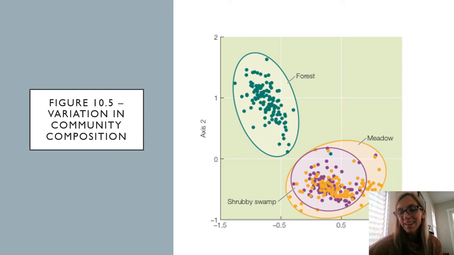What's really interesting here is that in the shrubby swamps and meadows that were both being affected by the engineering of beavers, we saw similar overlap in community type, and then almost no overlap in the place where beavers had been removed. So just a nice visual representation of the role that beavers play as ecosystem engineers, and the uniqueness of the communities that follow along with that.